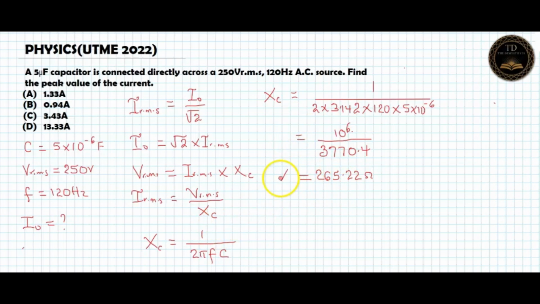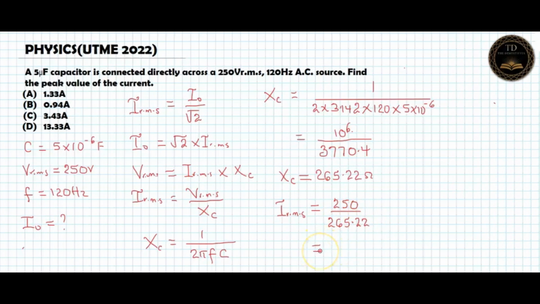Now we have our XC as this, so we take it back into this to get our root mean square current. Our root mean square current will be equal to our root mean square voltage, which we have already as 250, over our capacitive reactance, which is 265.22.